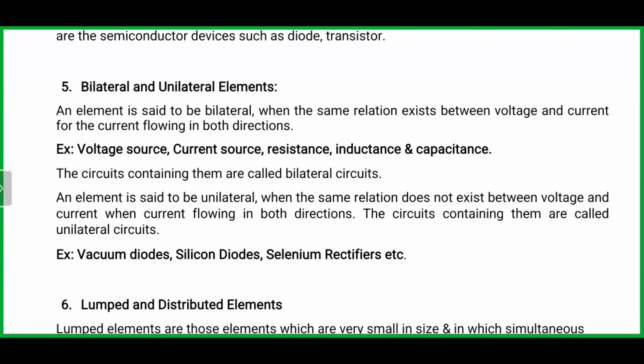When current passes through, it cannot come back from the other side. Meanwhile, for bilateral, when current passes through, it can pass through and come back. A perfect example is a resistor. You can get current flowing from one lead to the other, and then from the other lead back. So this one becomes bilateral.